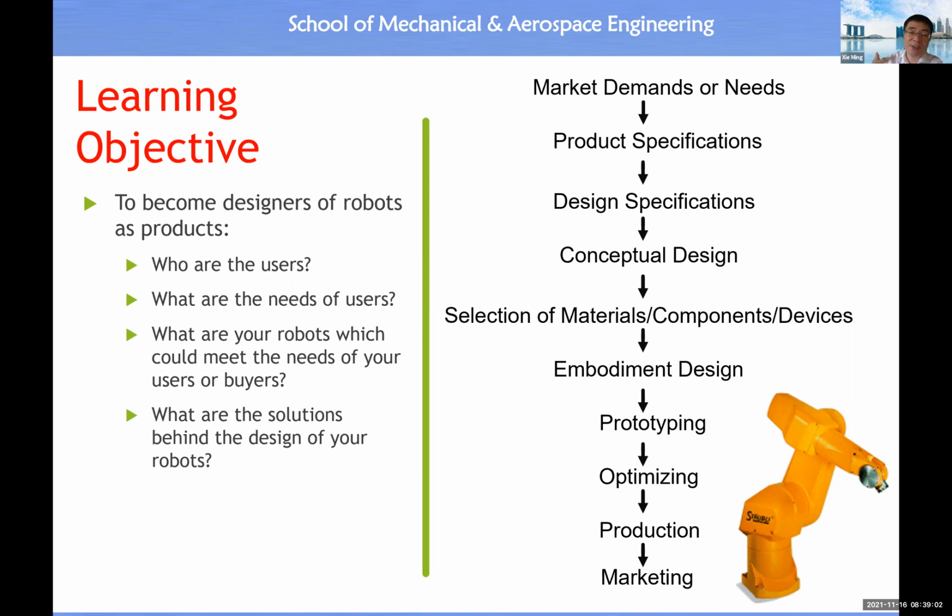So this is why lecture 1 and lecture 2 are quite important, and even lecture 3 of module 1 is also very important. In general, module 1 is for you to understand the nature of a generalized user and the generalized need. Then you will be able to understand the question of what is a robot.